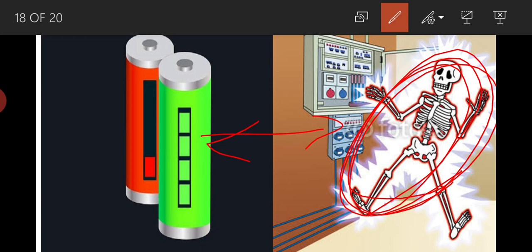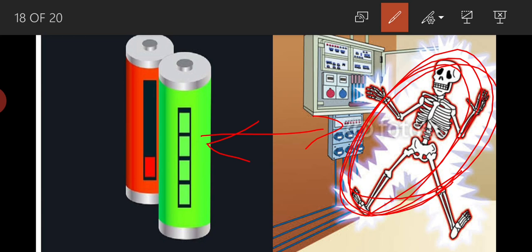When we hold a battery between our fingers, the battery voltage, the potential difference of the battery, is very small, that is 1.5 volts or 3 volts or 5 volts, or sometimes 9 volts. This 9 volts is not at all sufficient to move the electrons present in our body.